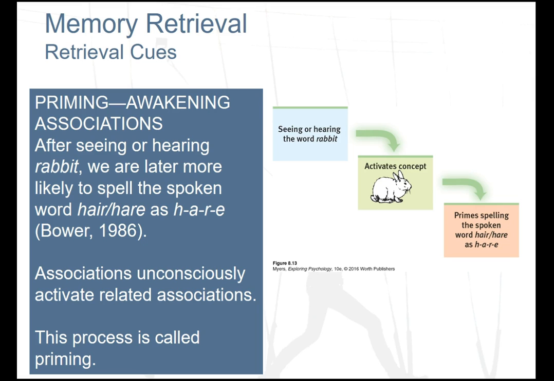I don't know, that's weird, but because rabbits have hair or fur too. But you get the idea here, that these things we experienced earlier can subconsciously prime us to retrieve related information. And that's what it's called. It's called priming.